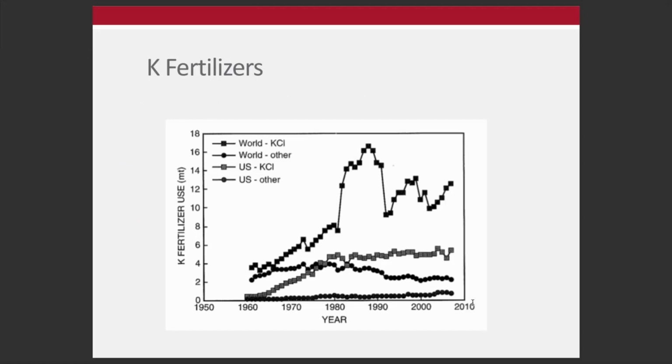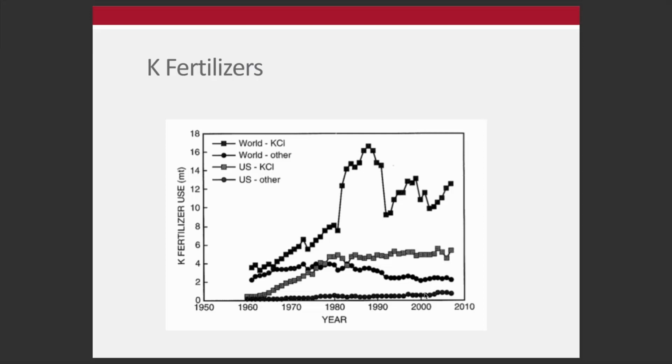Potassium fertilizers. This is a bit of a confusing graph because it's got world and U.S. sources, but this is world use of KCl, potassium chloride, and then these boxes are U.S. use of KCl, and the other circles down here are world use of other potassium fertilizers and U.S. use of other potassium fertilizers.